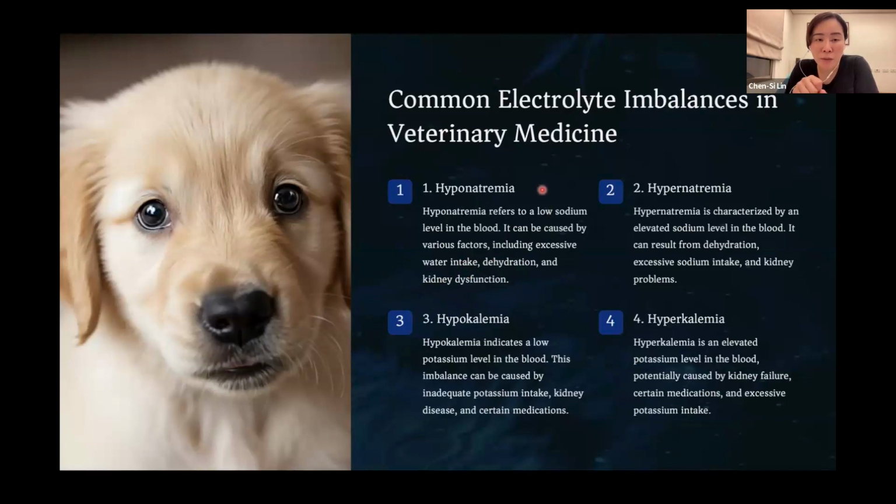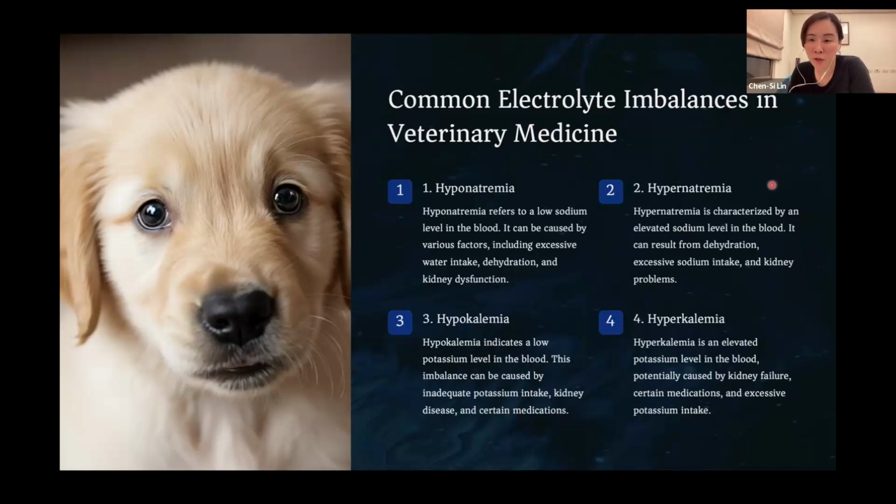So that's what we need to take care of first. In very few cases, with some mild dehydration, we may also observe hyponatremia, but it's only in rare cases.